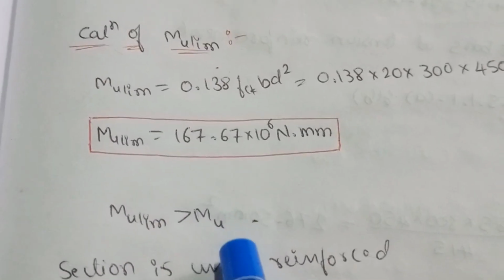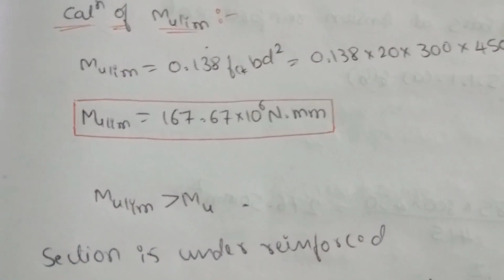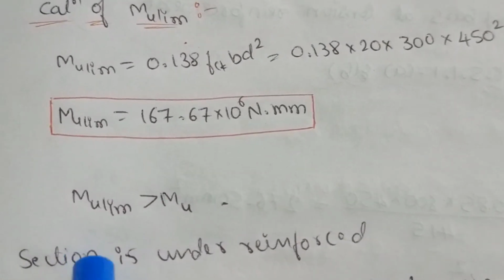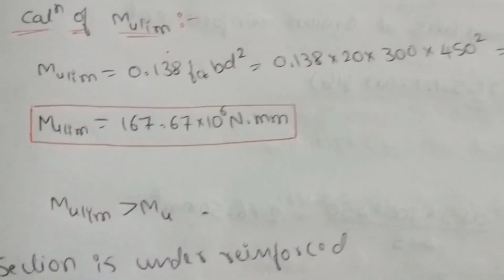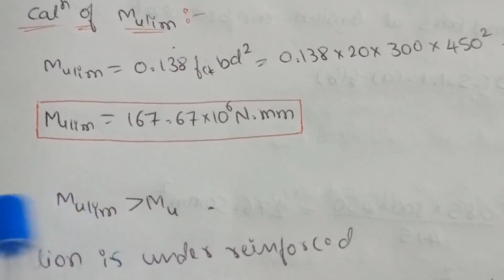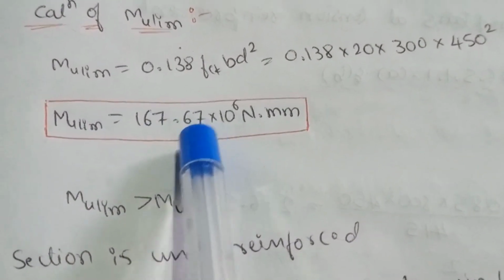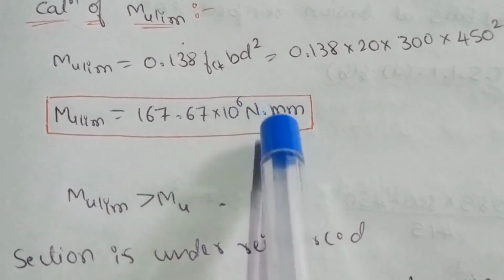Our Mu value, which is our bending moment value we got by using the formula Wu L square divided by 8, is 98.73 into 10 to the power of 6 Newton mm. But our Mu limit value is 167.67 into 10 to the power of 6 Newton mm.